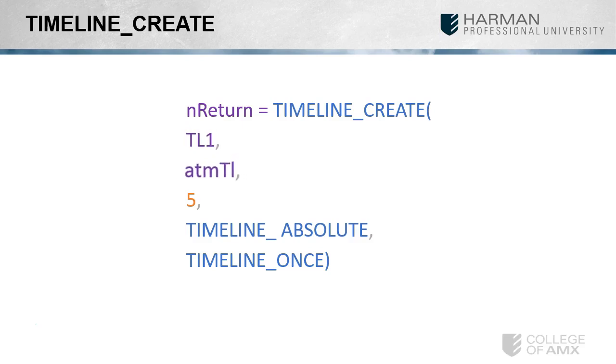ATMTL is the array of times. The number 5 is the number of time elements in the time array. Timeline absolute means we wish to have each time considered to be absolute from the start of the timeline. And timeline once means we want this timeline to run to completion only once and not repeat.